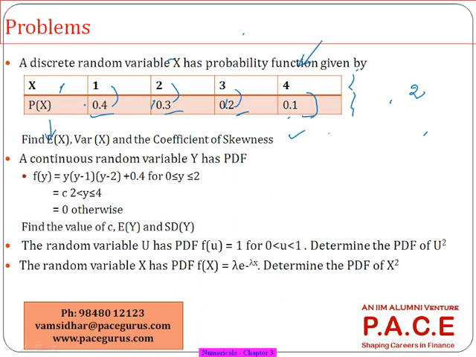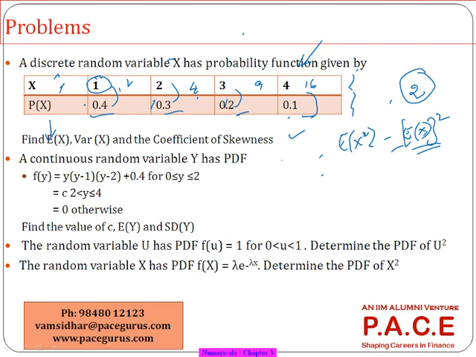Now variance of x, I can do it as expectation of x square minus expectation of x whole square, which means expectation of x, anyhow we got it as 2. So expectation of x squared means you square up all these numbers. This is 4, this is 9, this is 16.